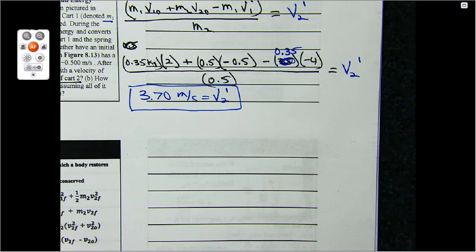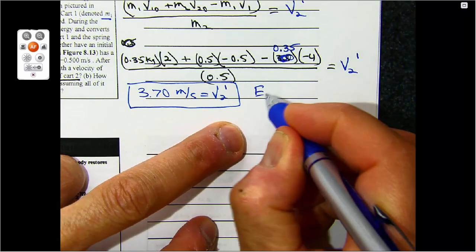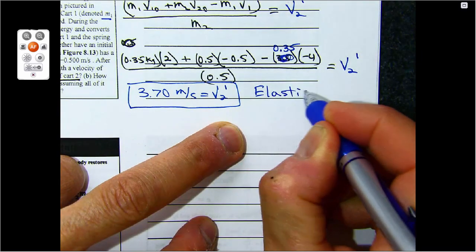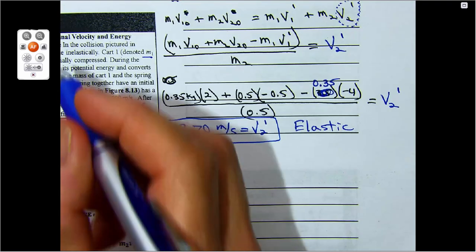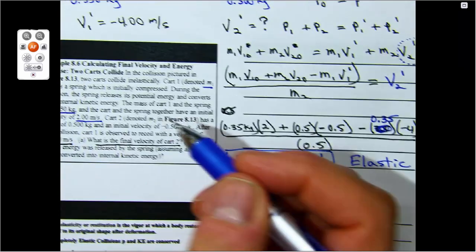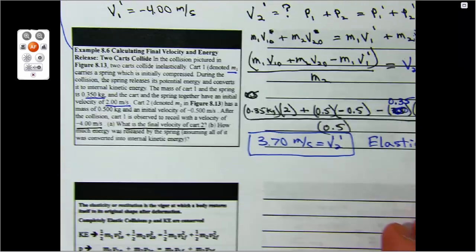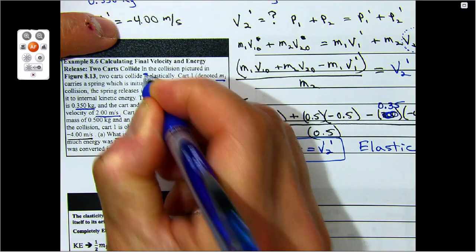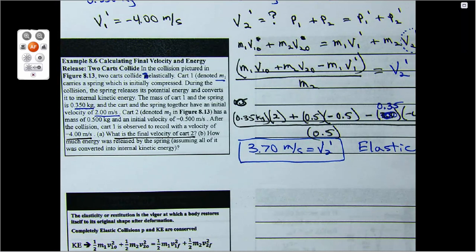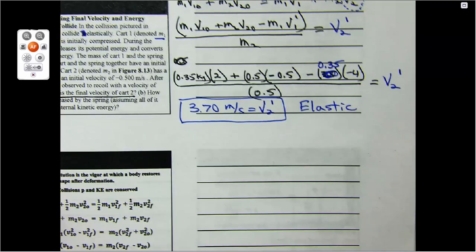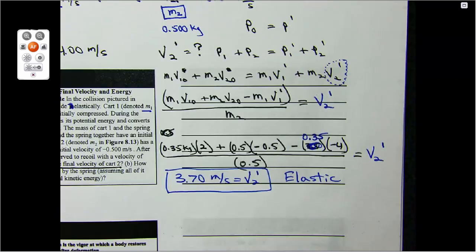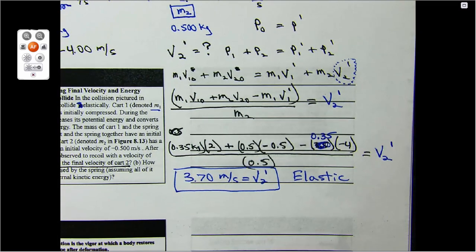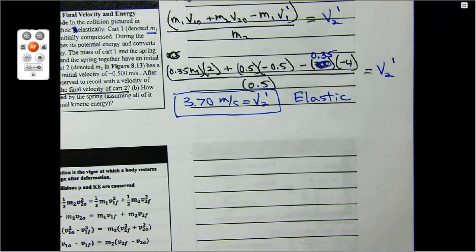They are bouncing off. Yeah, that's wrong, because they're not stuck together. So that is a typo. Okay, conservation of momentum doesn't say they're stuck together.